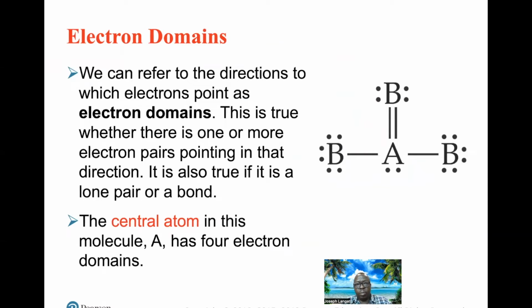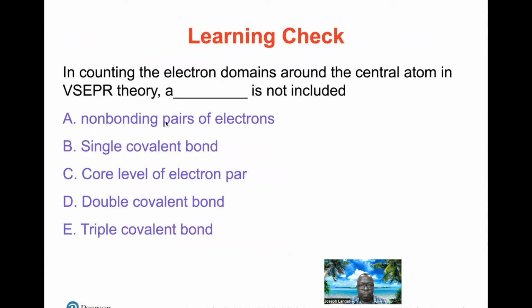Single bond, one domain. Triple bond, one domain. Single bond, one domain. So the central atom in this is A, and it has 4 domains: 1, 2, 3, 4. We have 4 domains.